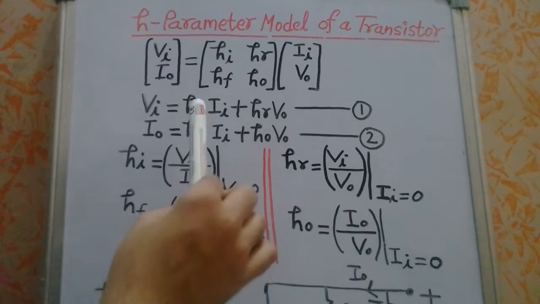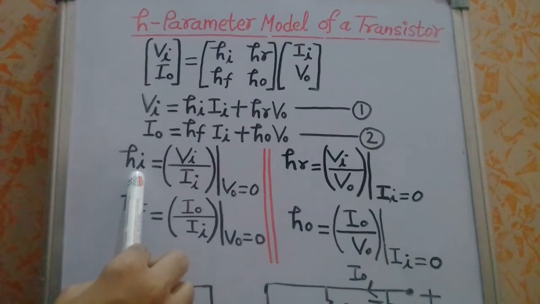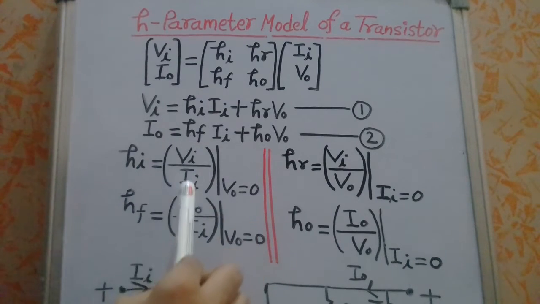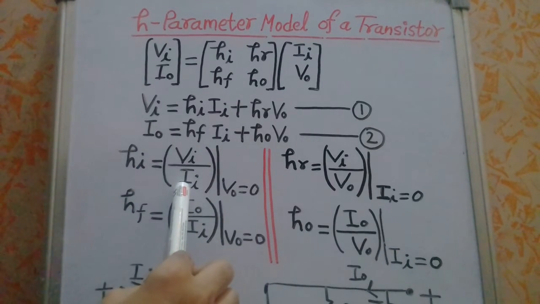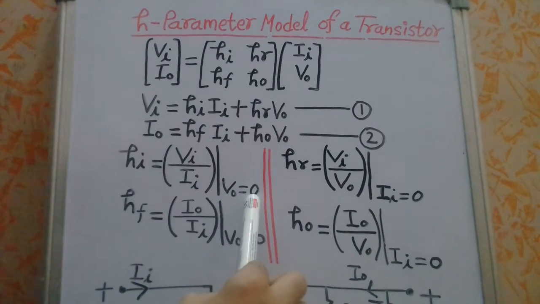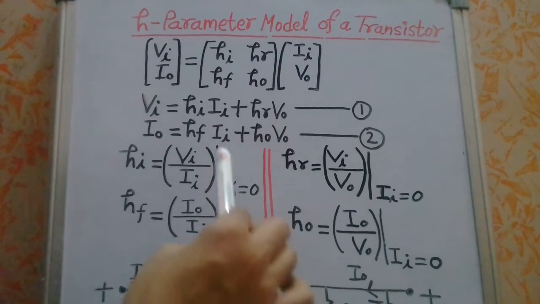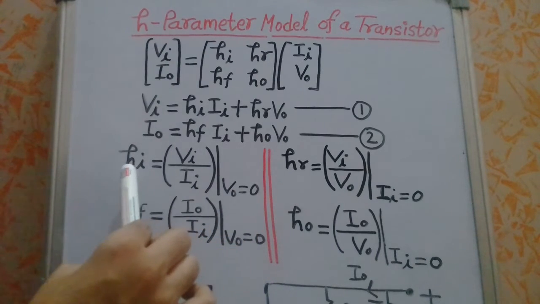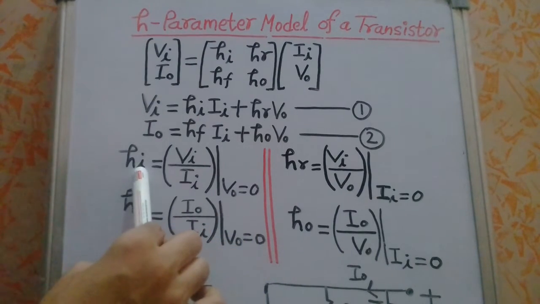So hi is the input voltage Vi divided by the input current Ii, under the condition when Vo is equal to 0, that means when the output is shorted. In that case the ratio of input voltage to input current gives you the h parameter hi.